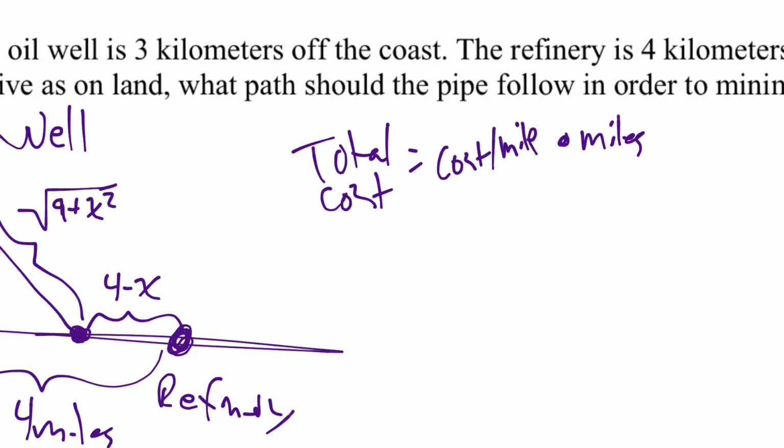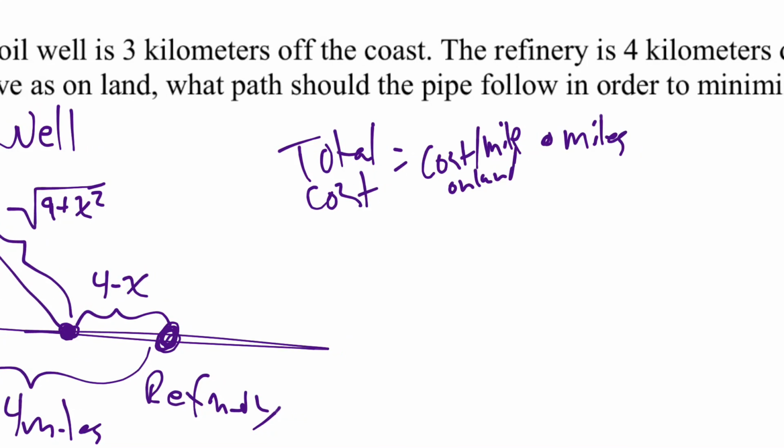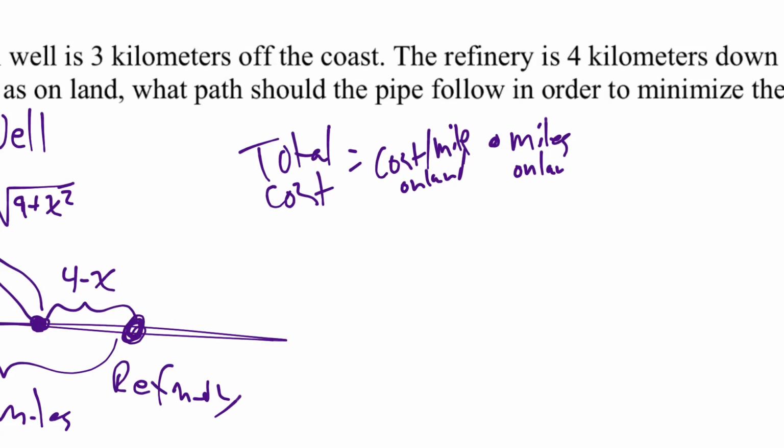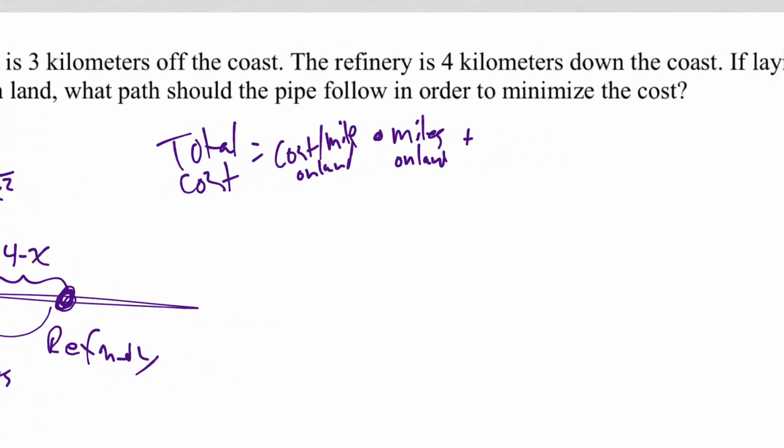Let's do cost per mile on land times the miles on land plus the cost per mile on water times the miles on water. I can't write, but hopefully you got that.